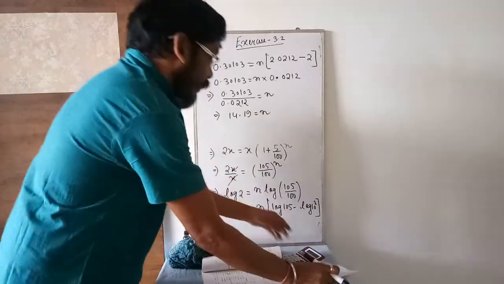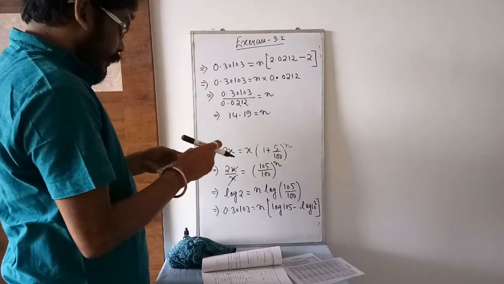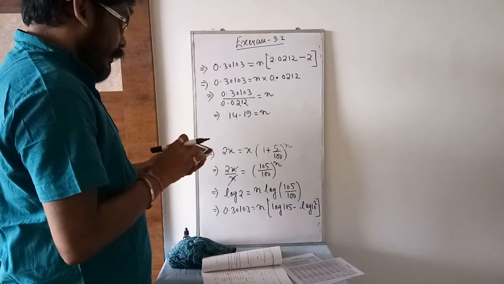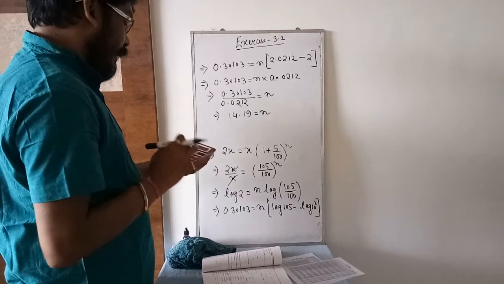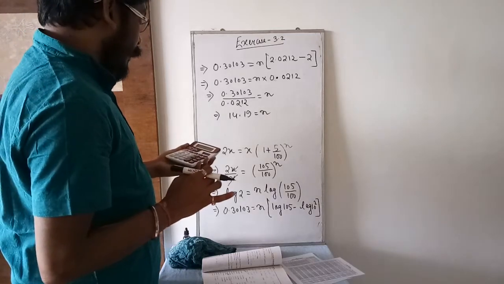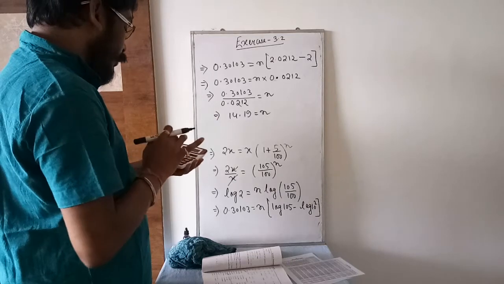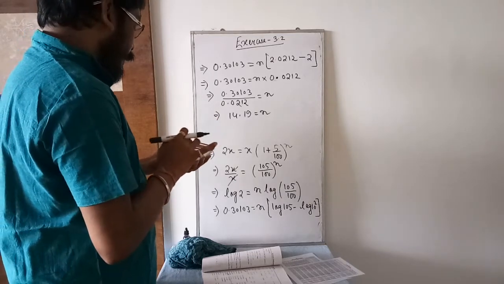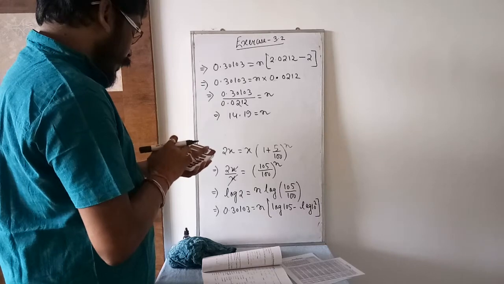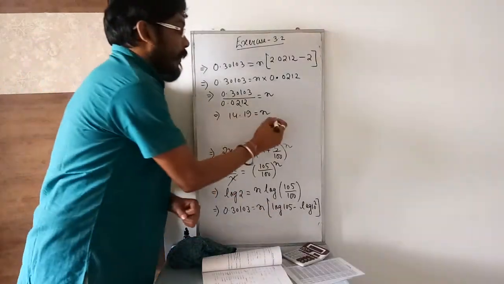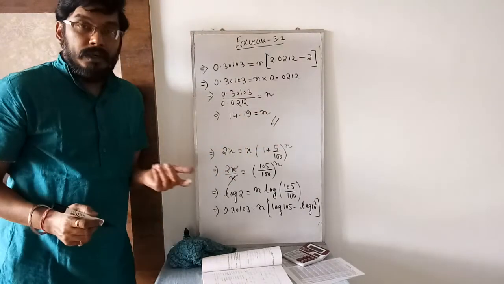If you do subtraction, 2.0212 minus 2, you will get 0.0212. If you divide 0.30103 by 0.0212, it is 14.19.